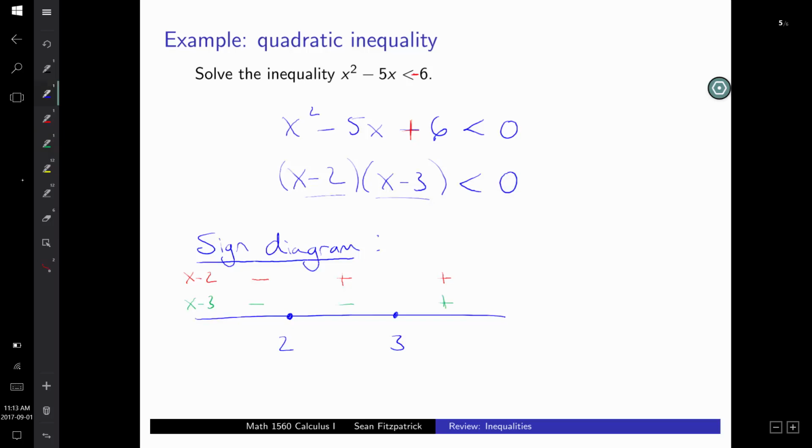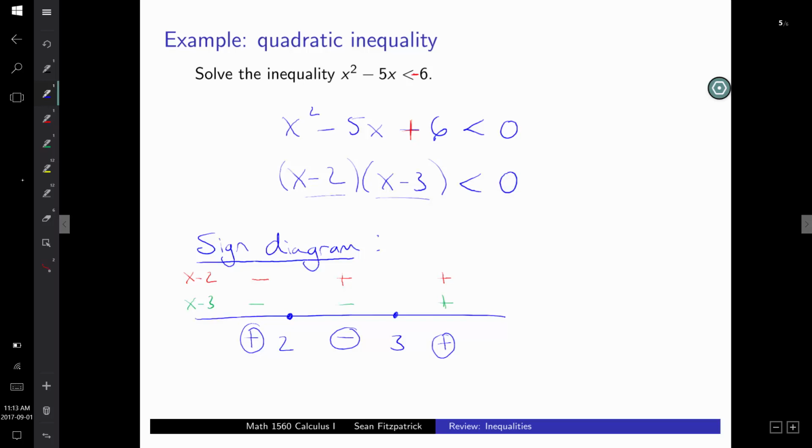And now I look at each of the three cases. For all values less than 2, I notice that both of my factors are negative. If I multiply two negatives together, I get a positive sign. In the middle here, I get positive times negative. I get a minus sign. Out past 3, positive times positive, it's positive again. Okay.